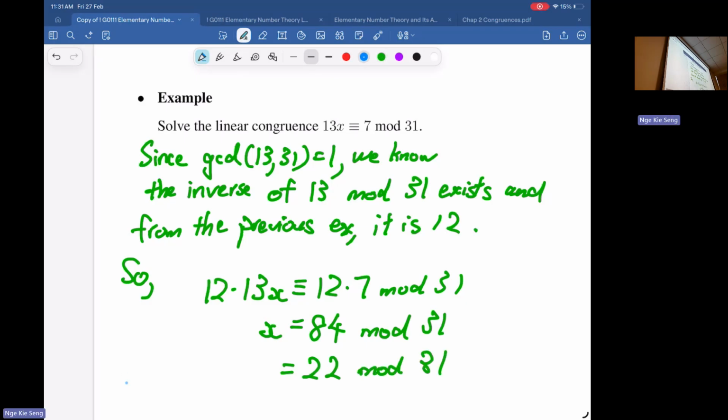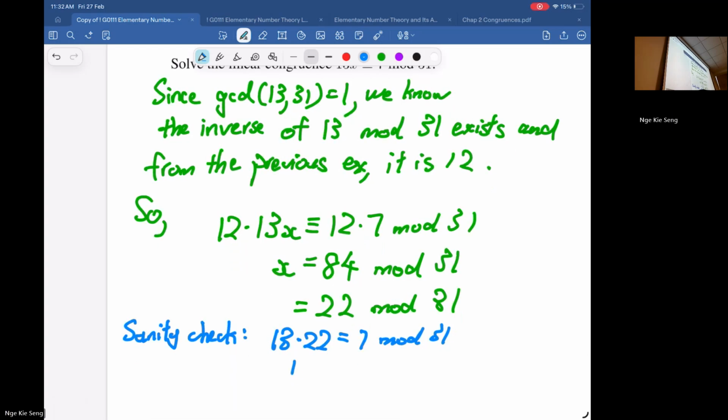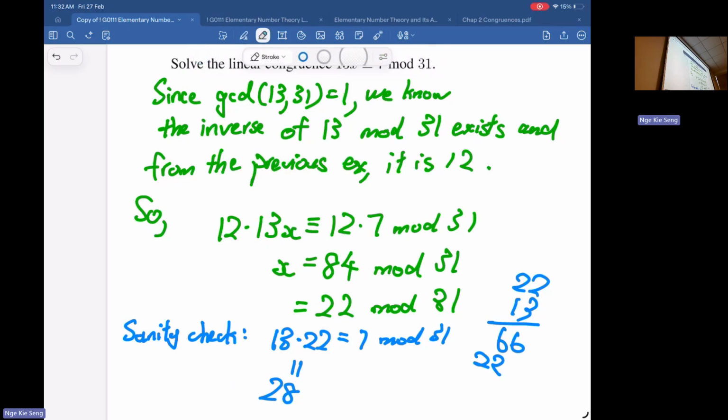You can do some sanity check here. You can try check like 13 times 22, is it 7 mod 31 or not? What is 13 times 22? Kind of big. Okay, let's do it. So 286.